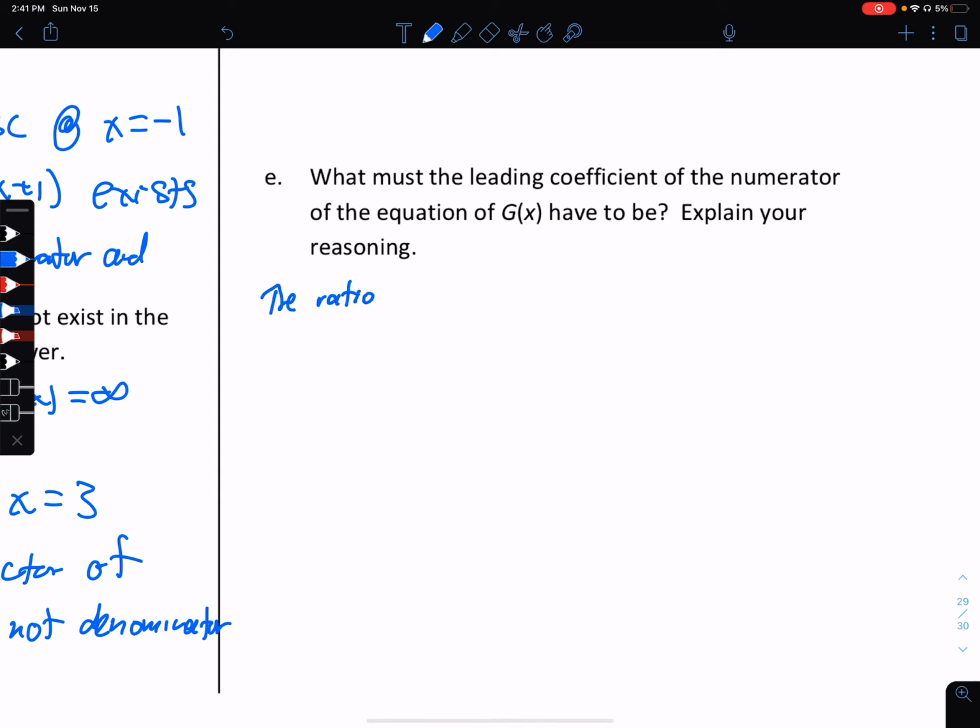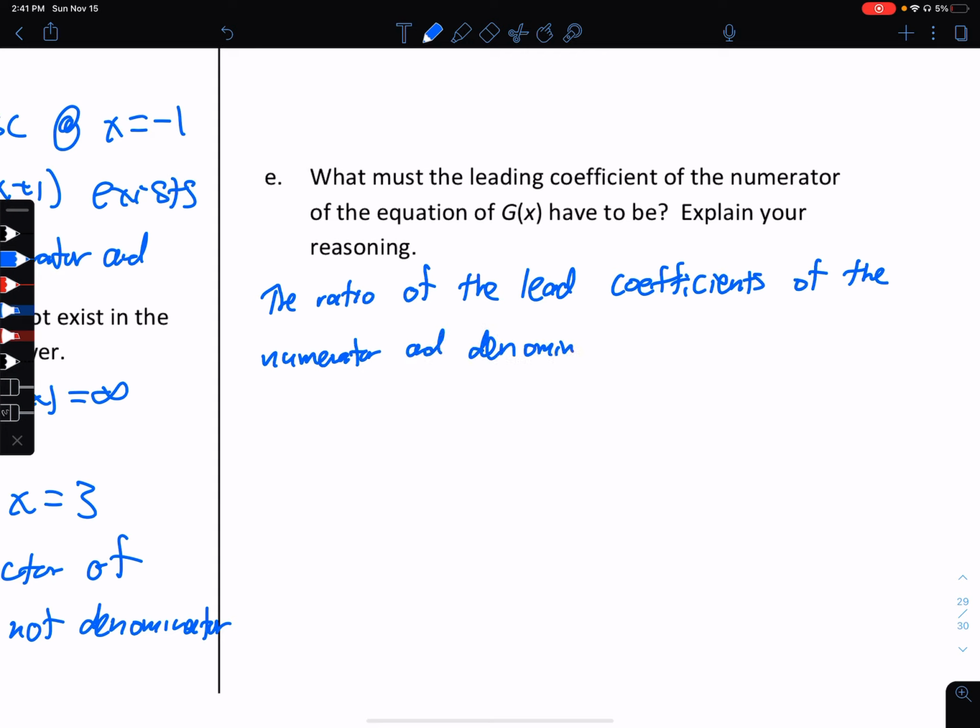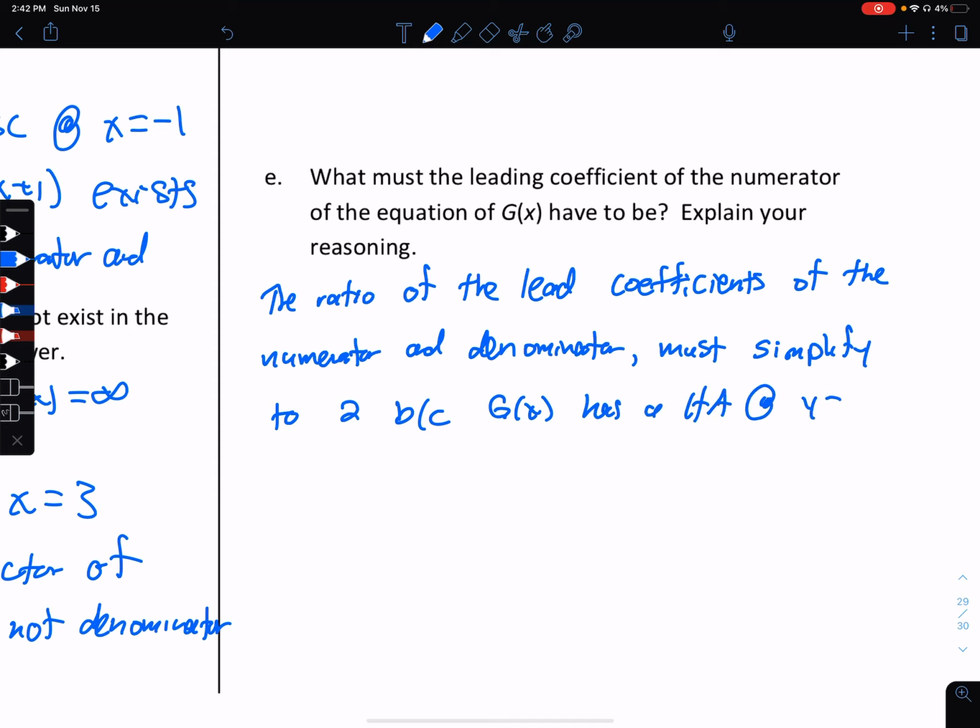The ratio of the lead coefficients of the numerator and denominator, and let's say right now we don't know what that is, must simplify to 2, and that's because g of x has a horizontal asymptote at y equals 2.